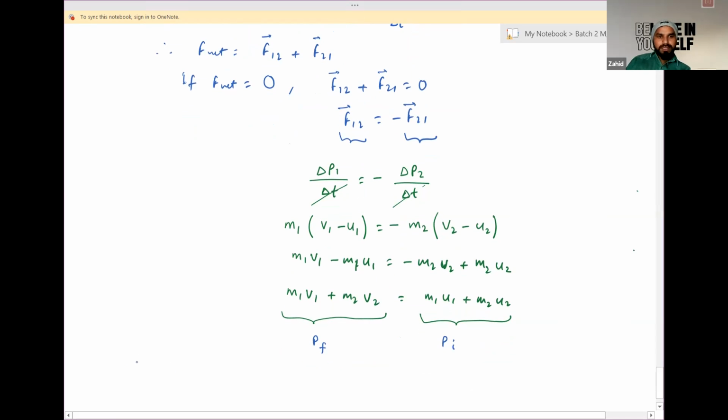So from this we can conclude, if there is no net force acting on the system, then linear momentum will be conserved.